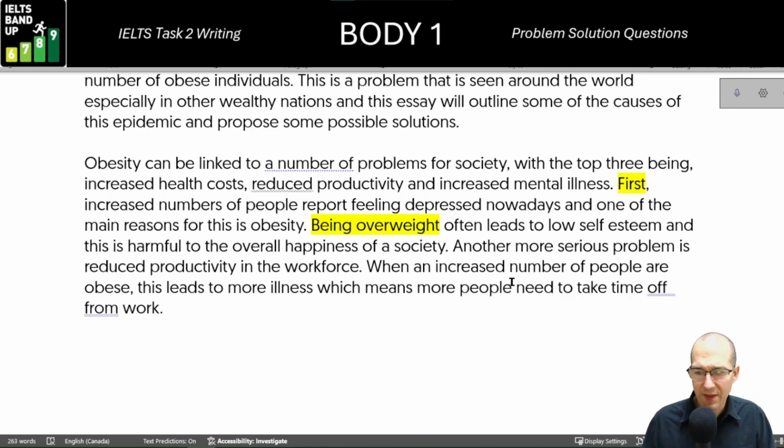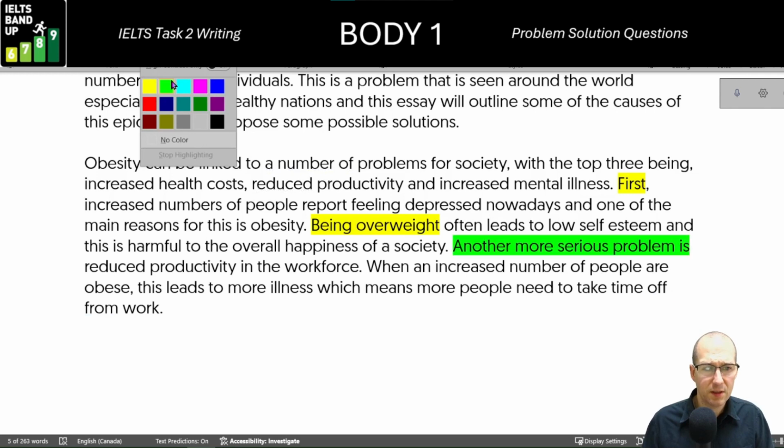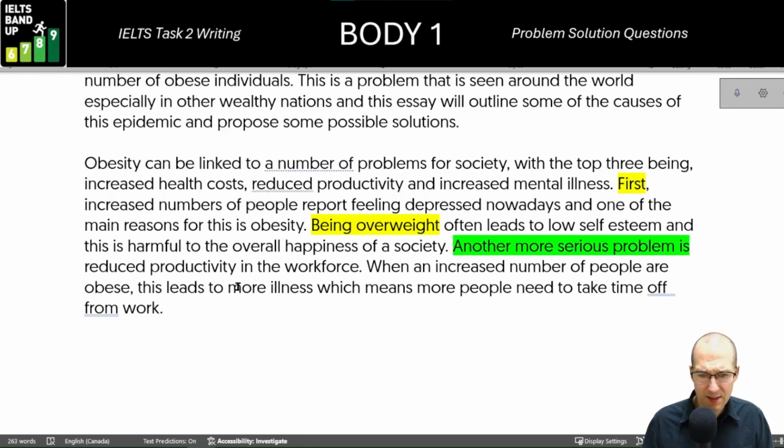Okay? And that's the second one. So another major serious problem is, okay, so there's the second one, right? And then this leads when people, number of people, okay, so this is another connecting word, all to make that point of the productivity.